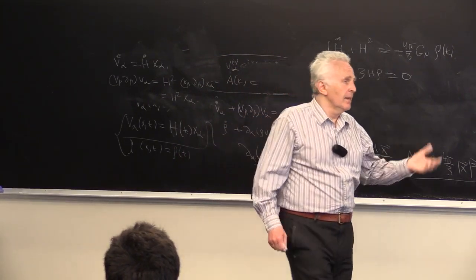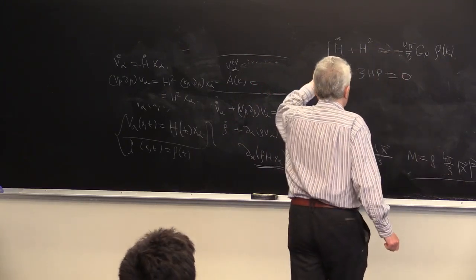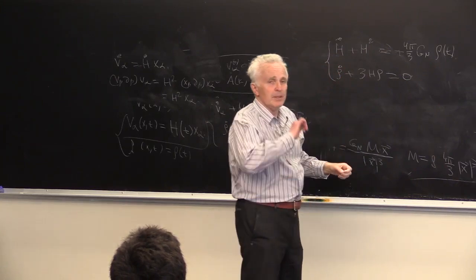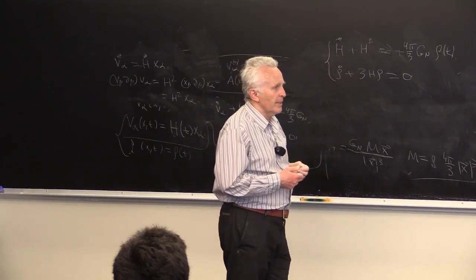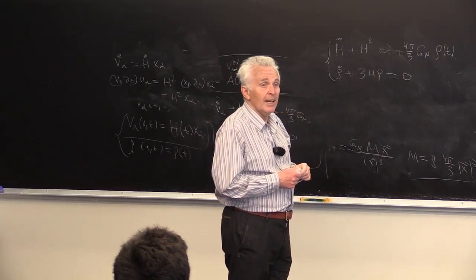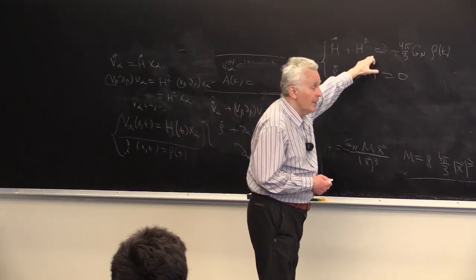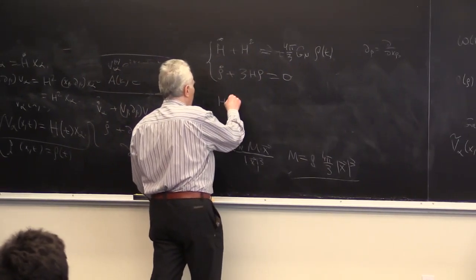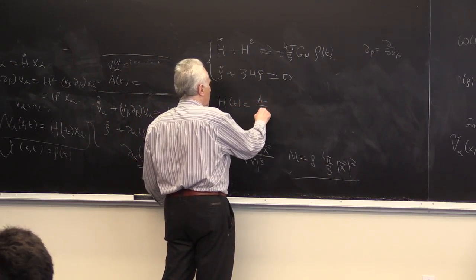So make some guess of how h depends on t. What would be a reasonable thing to try? 1 over t. Yes, because then two terms are of the same order. So let's try h of t equal to some constant a divided by t.